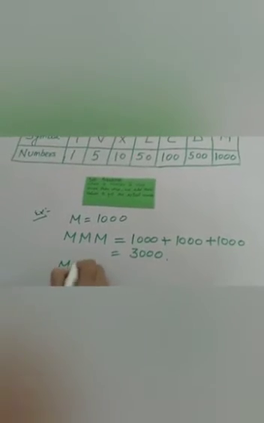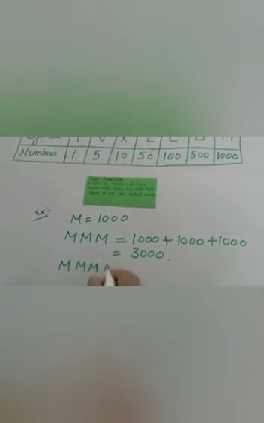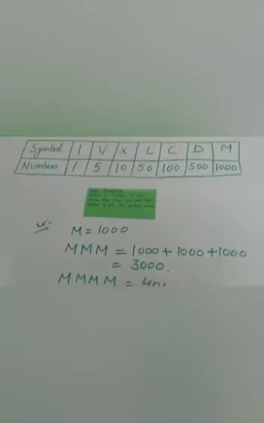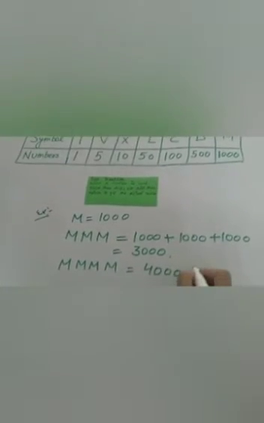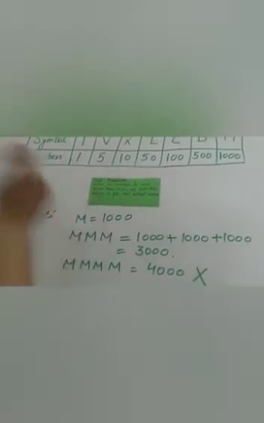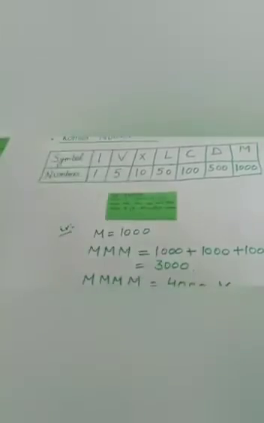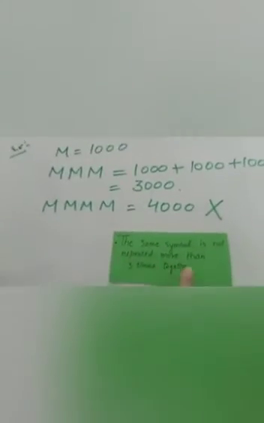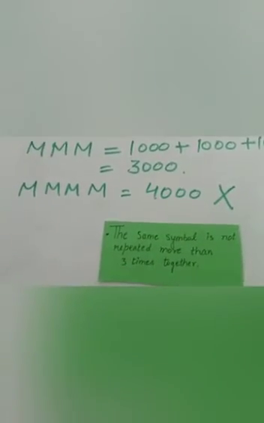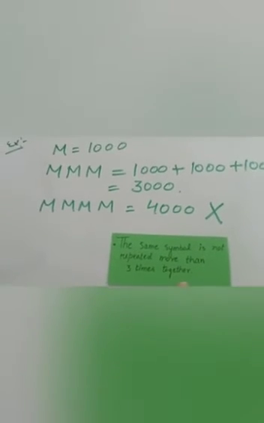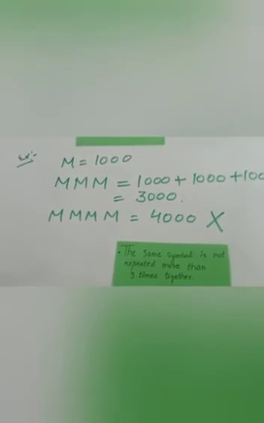Can we write MMMM for 4000? No, this is wrong, because the same symbol is not repeated more than 3 times together. So we will repeat one symbol a maximum of 3 times.